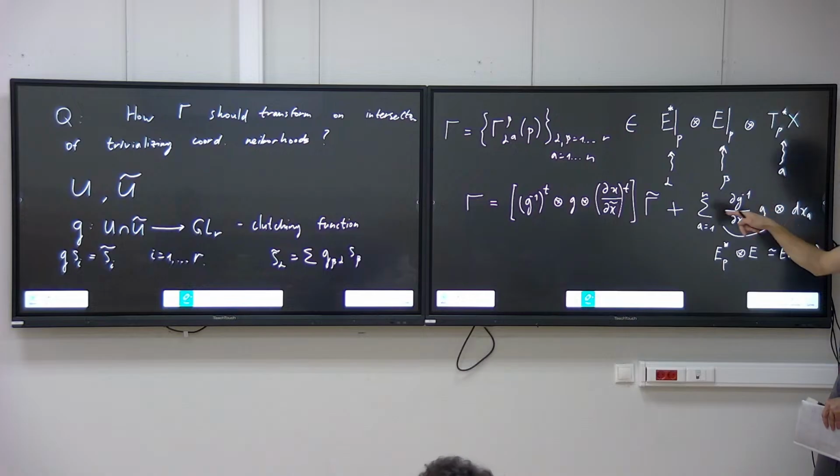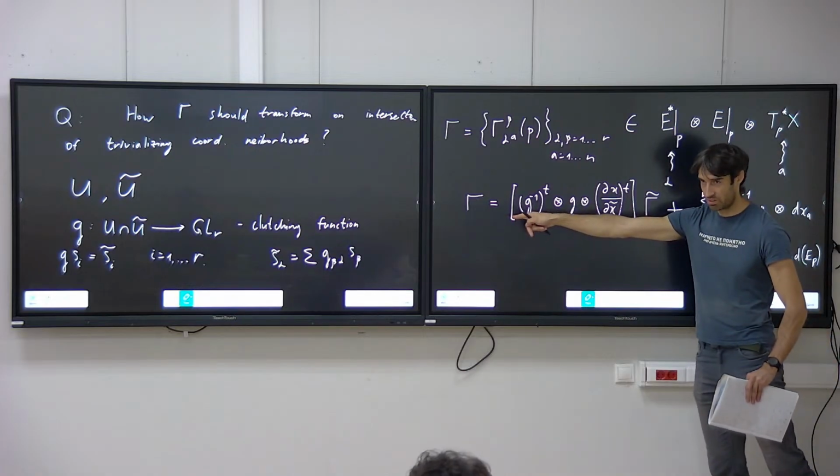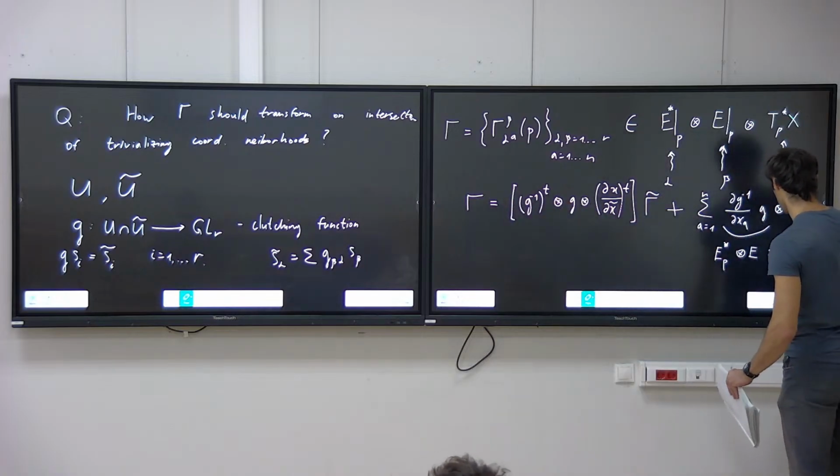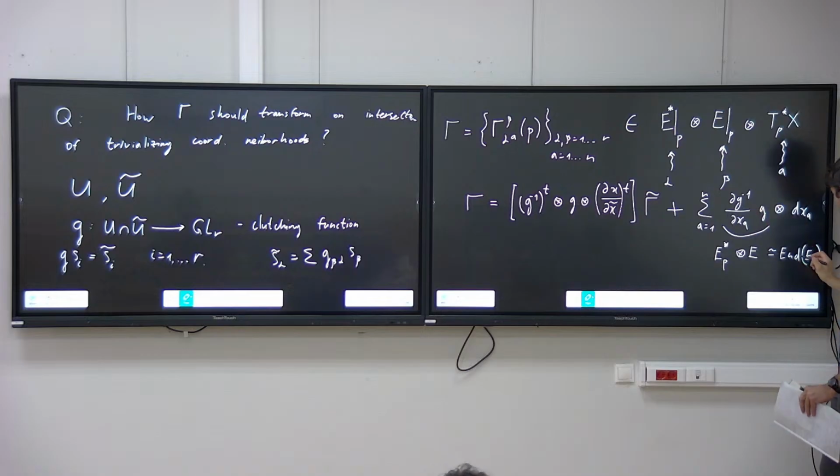Of course, I need to write point P everywhere here. So this is an endomorphism of E_P, and the endomorphisms of E_P are the same as this vector space. So I identify this with an element in here, and it's still in here. So it all makes sense.